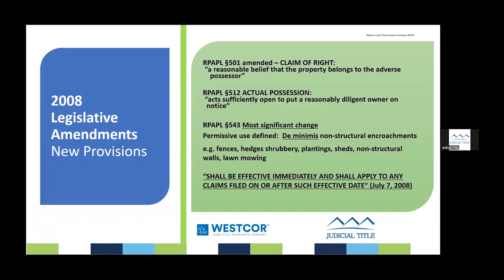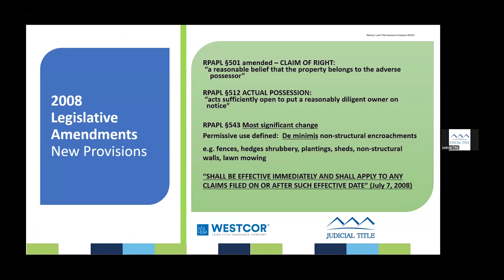Section 501 was codified, with a definition for an adverse possessor. Now the requirements of adverse possession are as follows. It's open, notorious, and hostile possession, exclusive and continuous for 10 years.